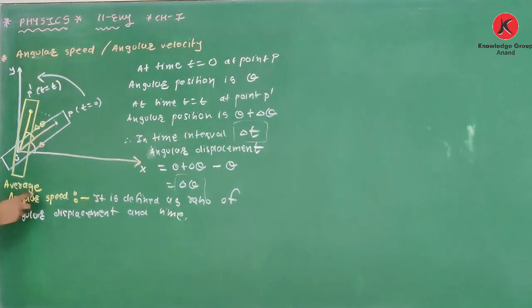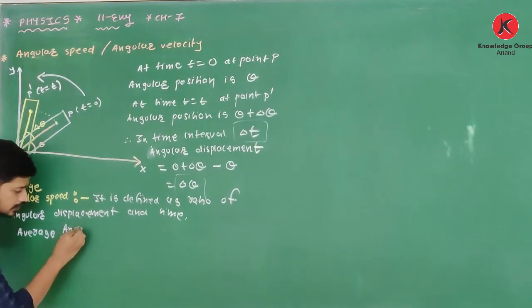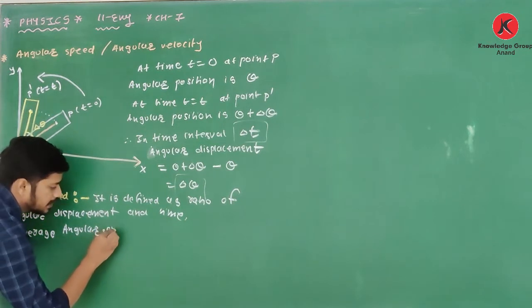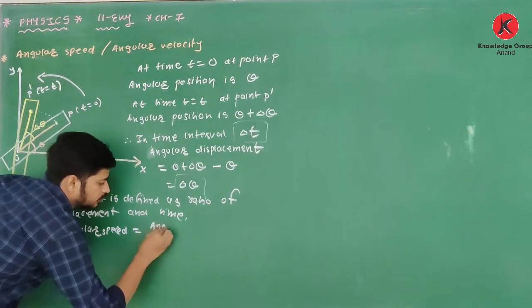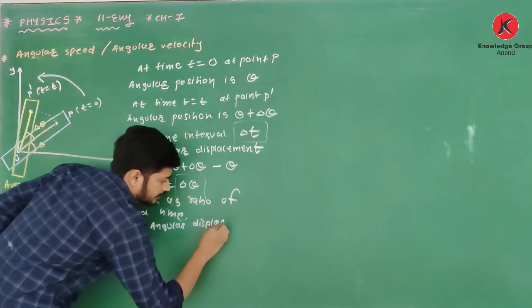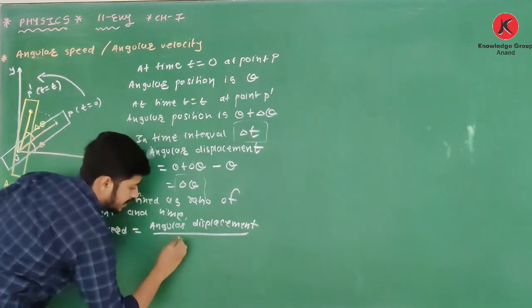How do we indicate this average angular speed? Its equation is: average angular speed equals angular displacement upon time.